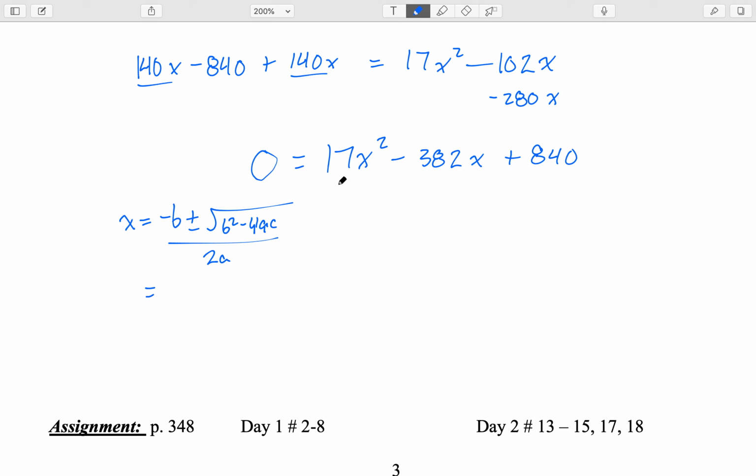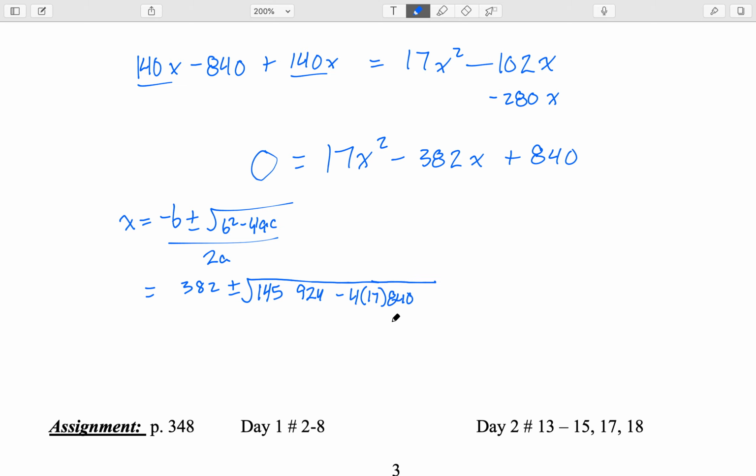Okay, so negative b, which is 382, plus or minus the square root, whoa, b squared. So what's 382 squared? Whoa, 145,924. Yeah, like I knew that. 145,924 minus 4 times 17 times 840.